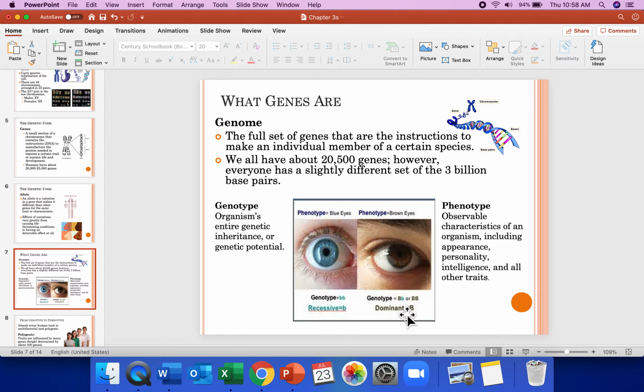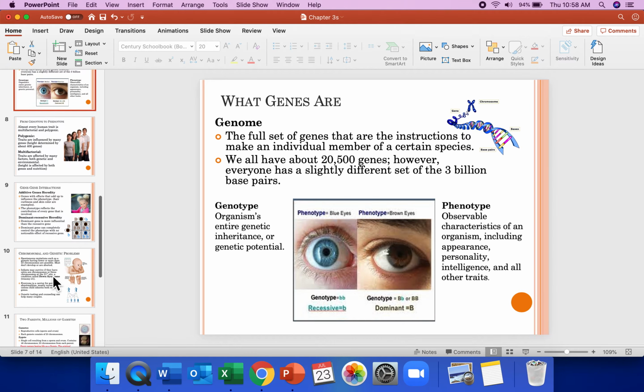But they're a carrier of the blue, so that when they have children, if their partner is also a carrier or has blue in their genetic makeup, they might have an offspring that is blue-eyed. So this is how your genotype might differ from your phenotype. You might be carrying a particular trait, but not necessarily expressing it in the phenotype.